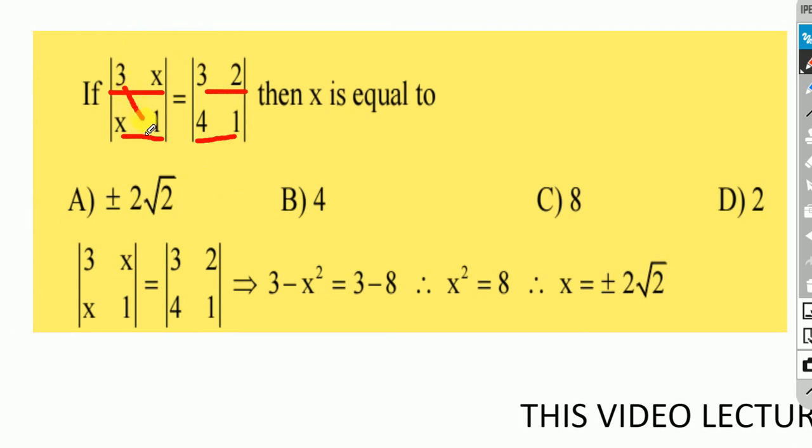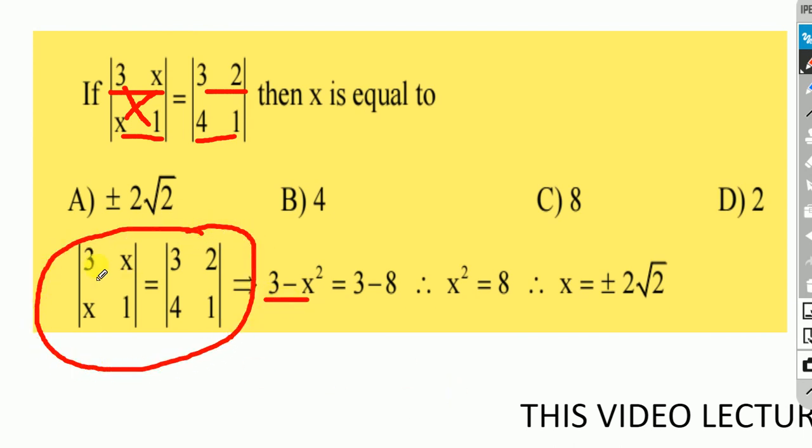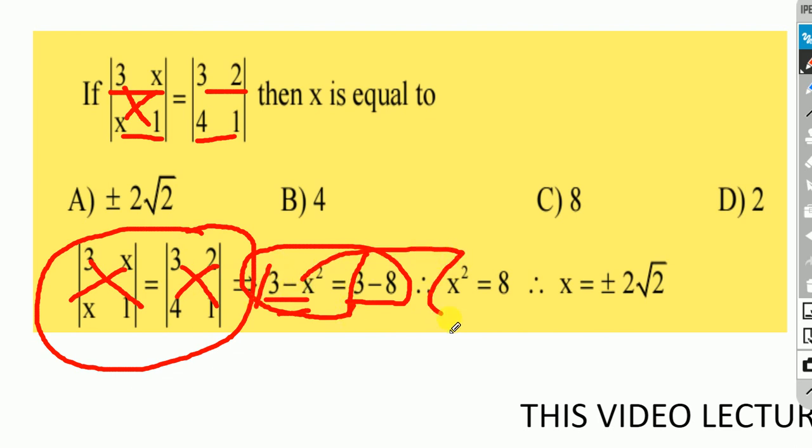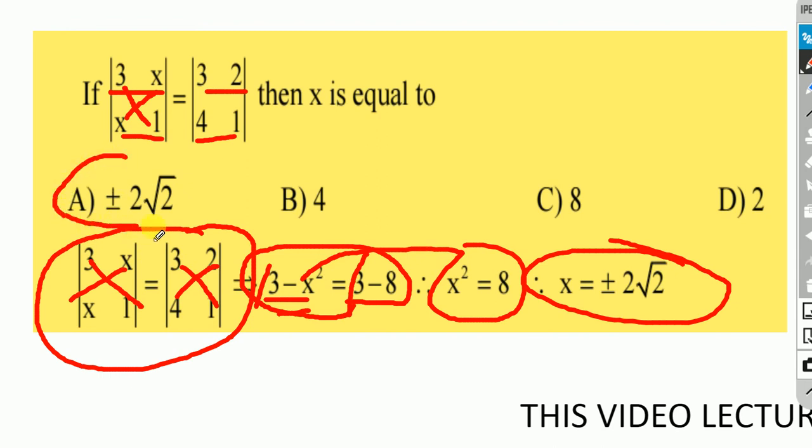So that is 3 into 1 minus x square is 3 minus x square, which is equal to 3 into 1 minus 4 into 2, which is 8. So when you cancel 3 here, x square is equal to 8 or x is equal to plus or minus 2 root 2. Plus or minus 2 root 2 is the right answer.